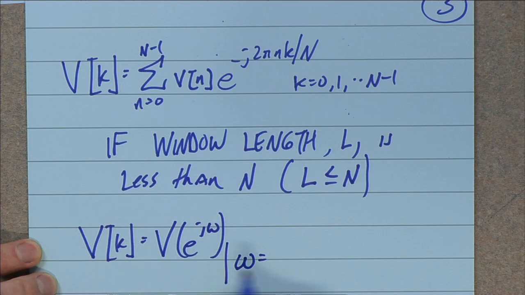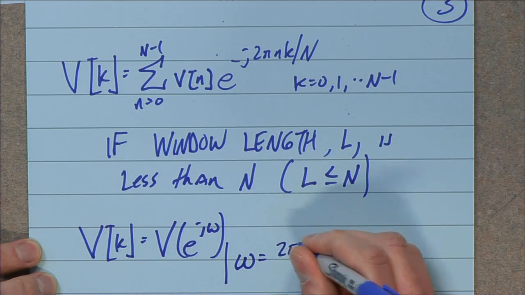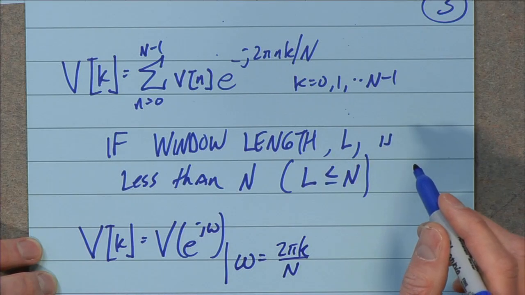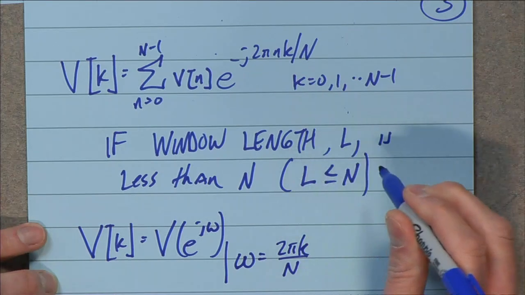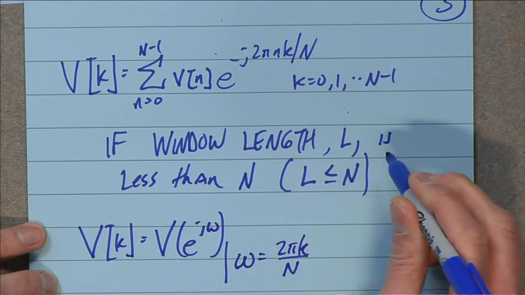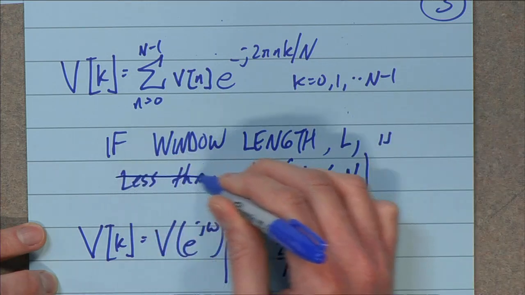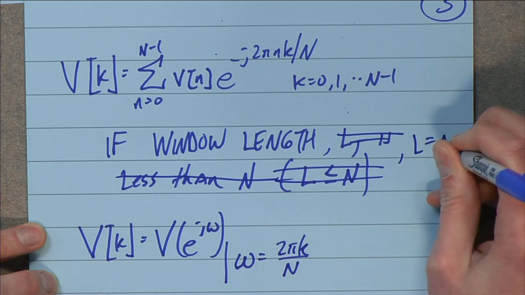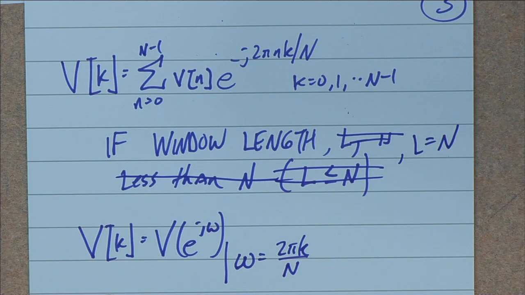The version of this is just the samples at 2 pi k over capital N. So I think that for this we want the window length L to equal N. Sorry about that.